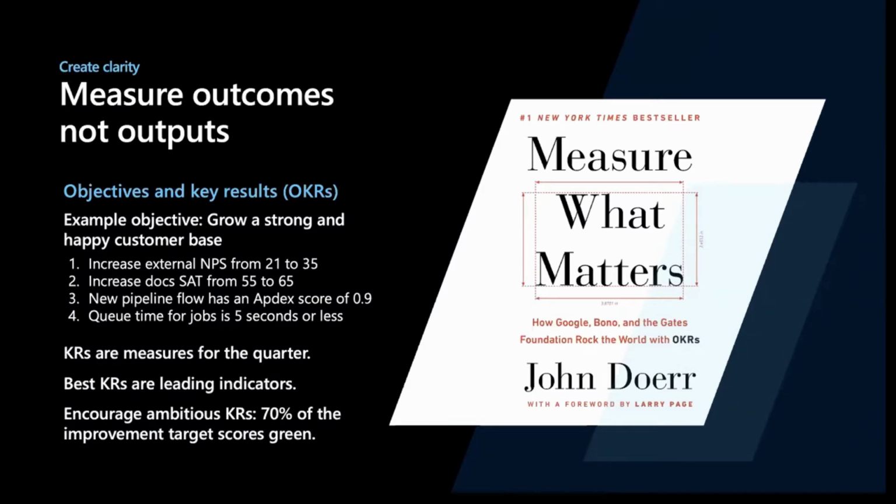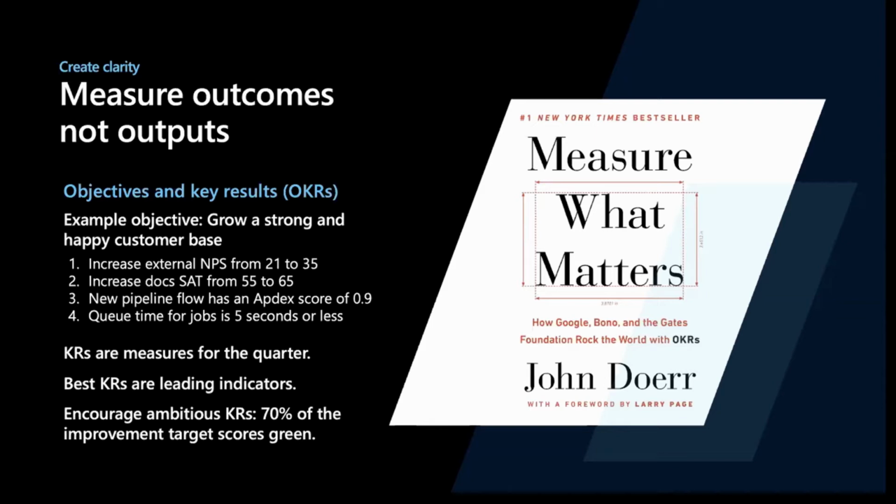Now, there's a concept which has been around for a little while, but is certainly growing momentum in the industry. And this is this idea of objectives and key results. This is a way that we can create this clarity, and we can make sure that there's this shared understanding throughout our organization. Objectives and key results is effectively a way of communicating what that strategy is throughout the organization.